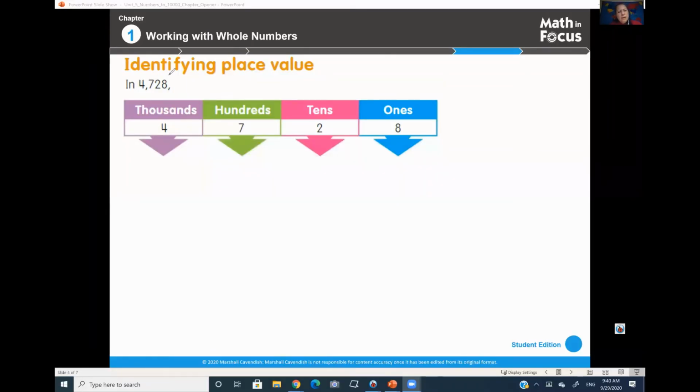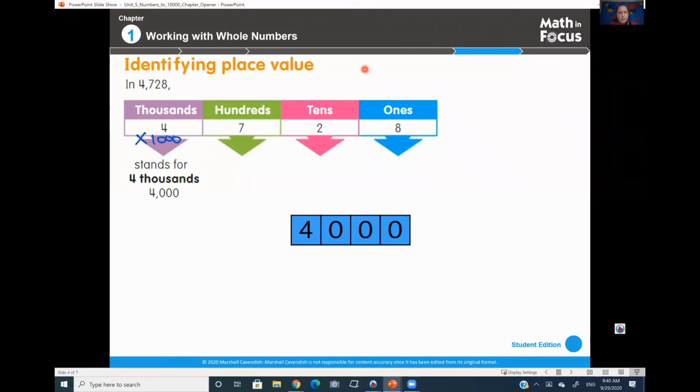Now to identify the place value of each number, remember, if you have 4 thousands, then that means you multiply the 4 times 1,000, and the answer is going to be 4,000. So the digit 4 stands for 4,000. Why?